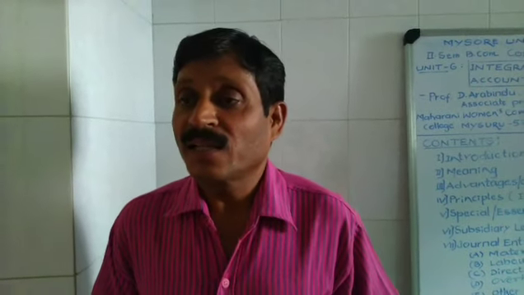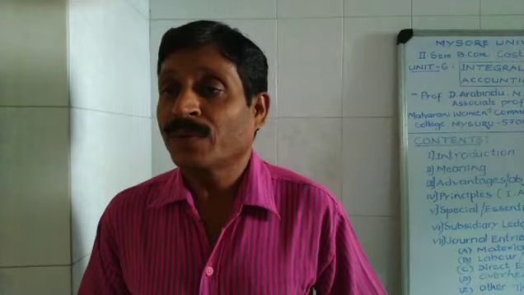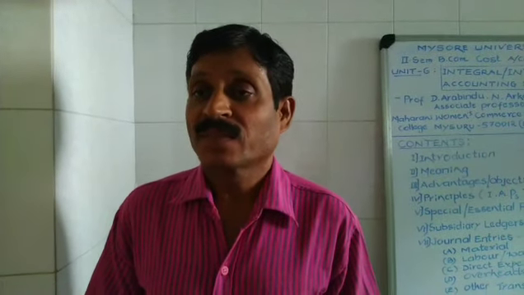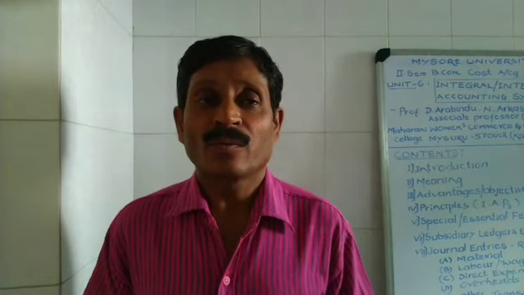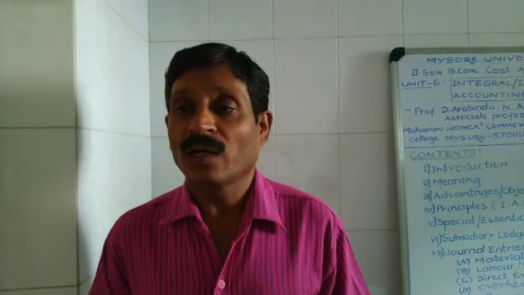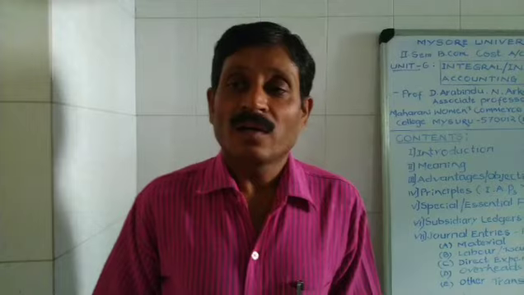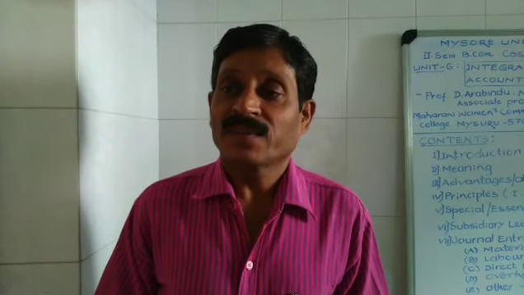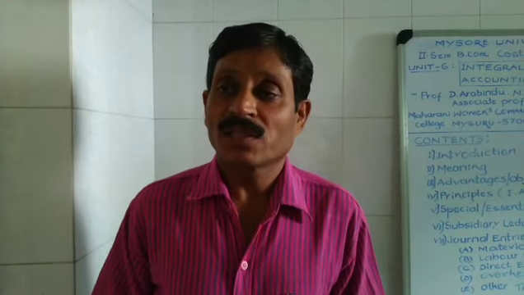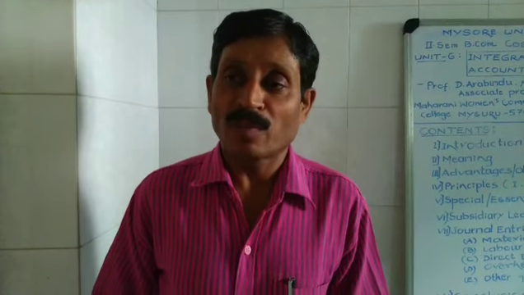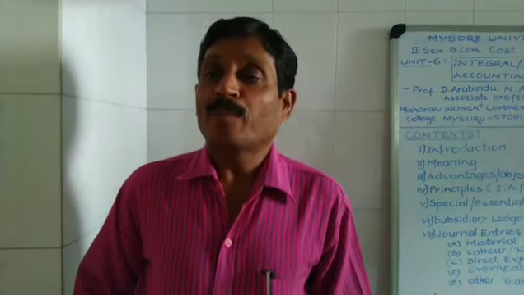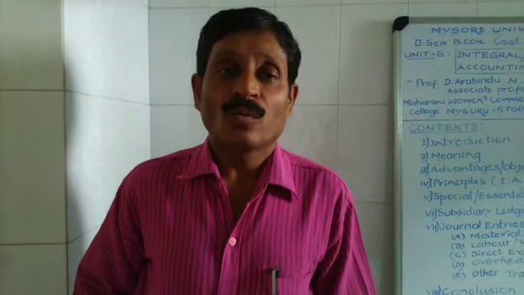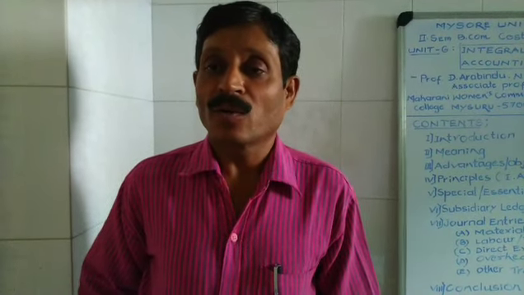The sixth journal entry is related to repairs: concerned overheads control account debited to work in progress control account. The last journal entry, abnormal loss, that is abnormal waste, abnormal scrap, etc.: profit and loss account debited to work in progress control account.